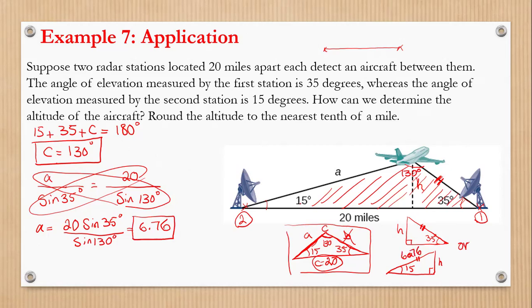So I can use this right triangle now to find the altitude. I know that in every right triangle, the sine is opposite over hypotenuse, the cosine is adjacent over hypotenuse, and the tangent is opposite over adjacent. Since in this right triangle the opposite and hypotenuse are involved, I'm going to use the sine formula: the sine of 15 degrees equals opposite over hypotenuse.